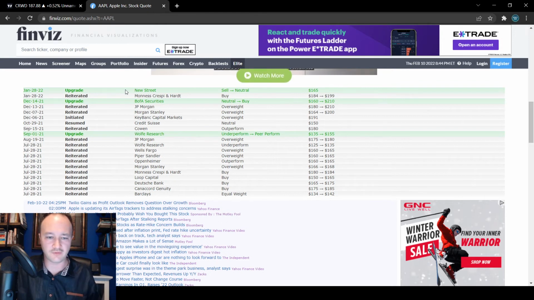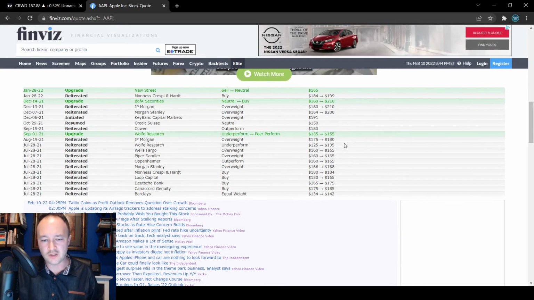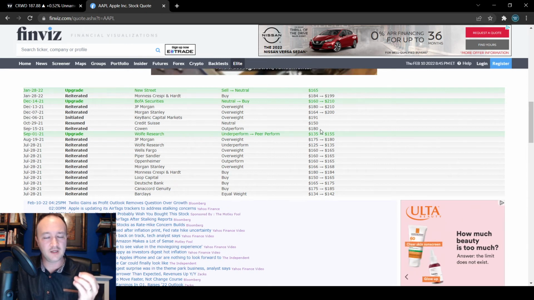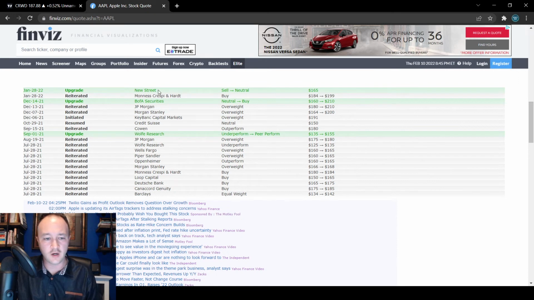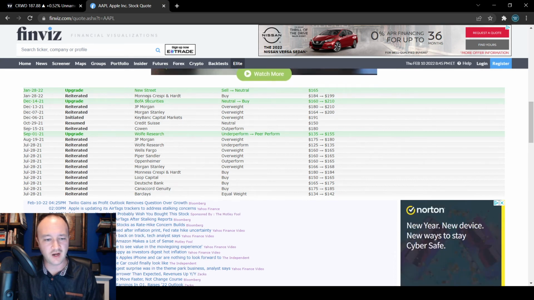It's totally different, right? You see a list of all of the different investment bankers and what their price targets are. So this might be a situation where you want to use both of these to get different kinds of information. But TradingView just makes it so much easier because instead of going in here and saying, okay, this analyst New Street sees Apple at 165 and JP Morgan sees it at 210 and Morgan Stanley sees it at 200.